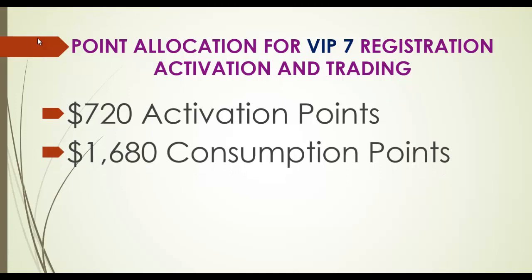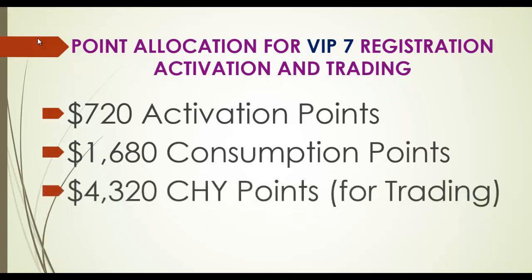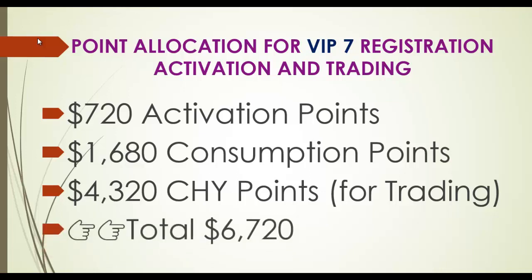You need 1680 consumption points, and then you need 4320 CHY points for trading capital. Total is 6720. So that's the summary for the breakdown of activation points and consumption points you need to activate each of these VIPs, and then the corresponding CHY points you need for trading capital to trade each of those VIPs, VIP2 to VIP7. So don't confuse yourself.